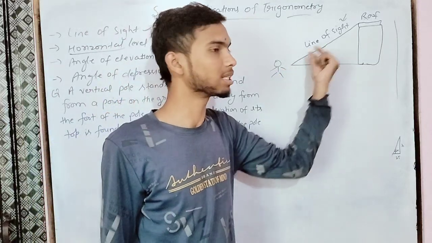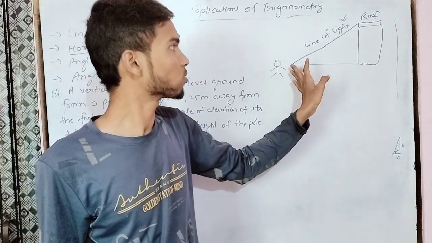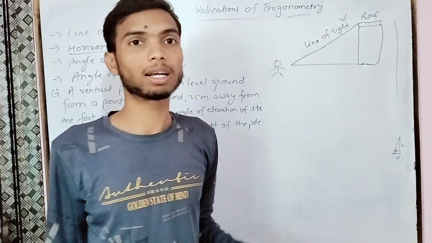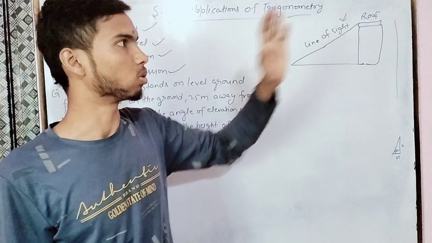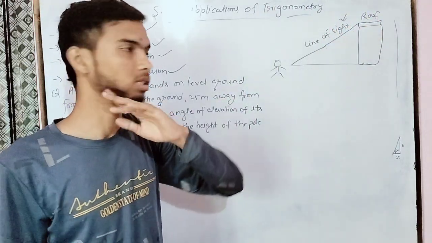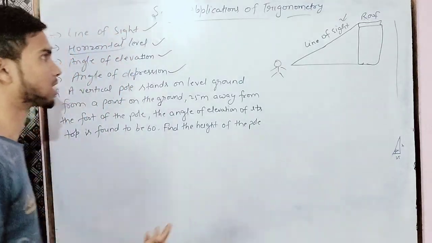This line tells that somebody is watching in this direction, so it is a line of sight.